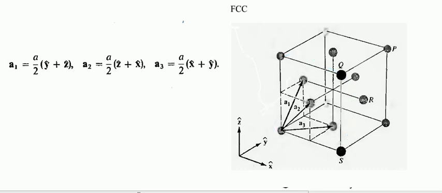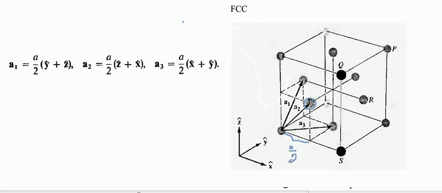Now the a1, a2, and a3, they are all in different directions. Neither a1 is in a particular x or y direction, nor a2, nor a3, but a clear understanding can be obtained from here. Now look at this face centered atom here. This is exactly at the middle. So we can say that this part is actually a by 2.